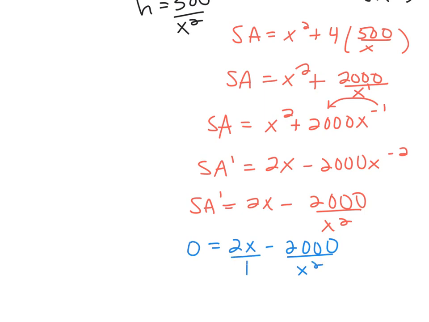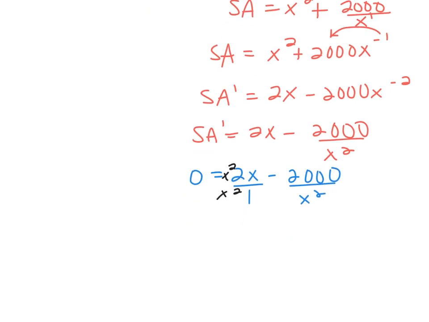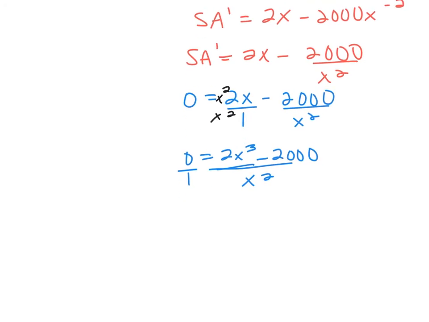You're probably going to need a common denominator, so to get a common denominator, I'm going to multiply this by x squared over x squared. So now I have 0 equals 2x cubed all over x squared, minus 2,000 over x squared. You could cross multiply if you want. Basically, all you need to worry about is the numerator, because the denominator of x squared just is going to become 0.